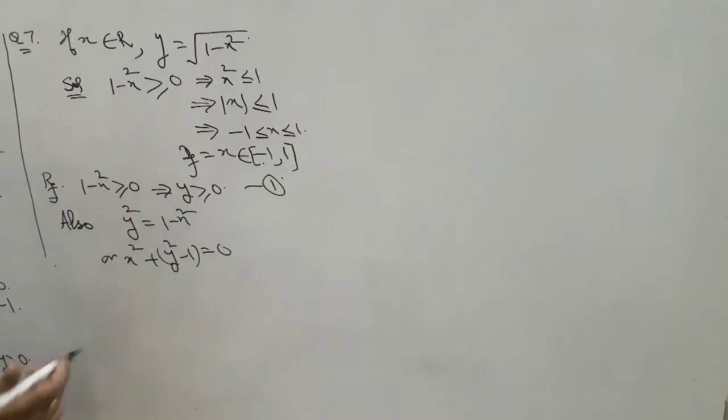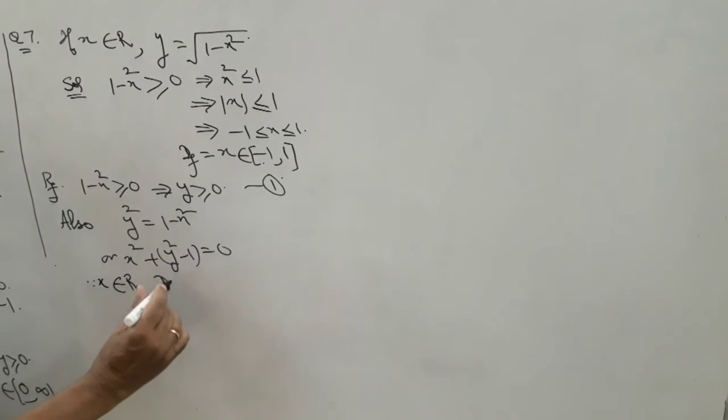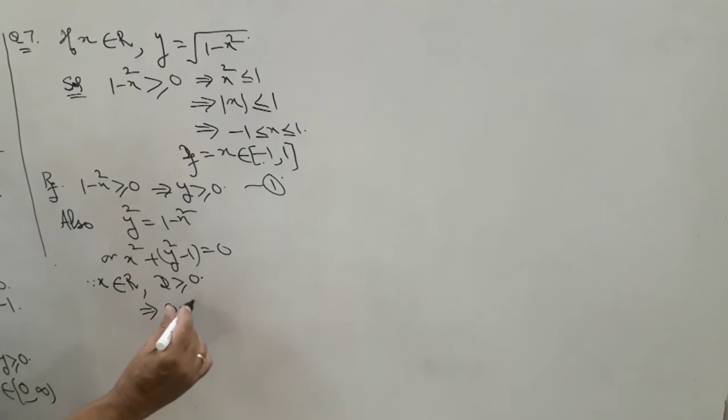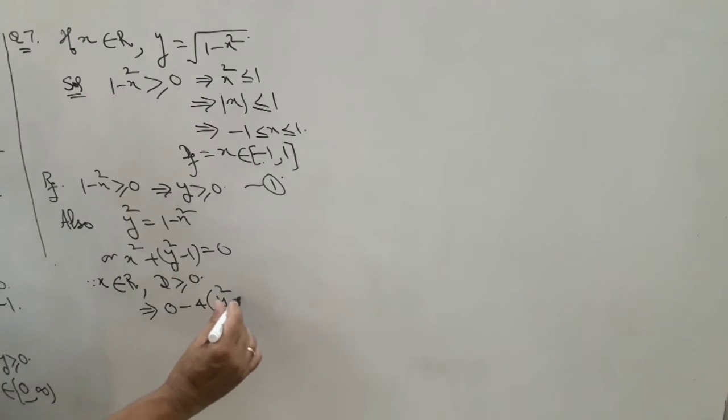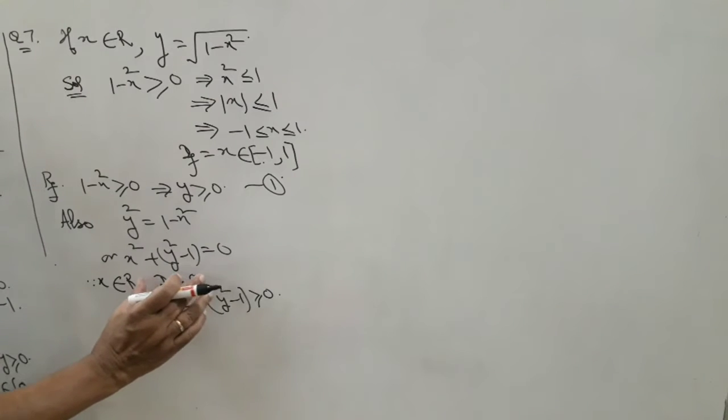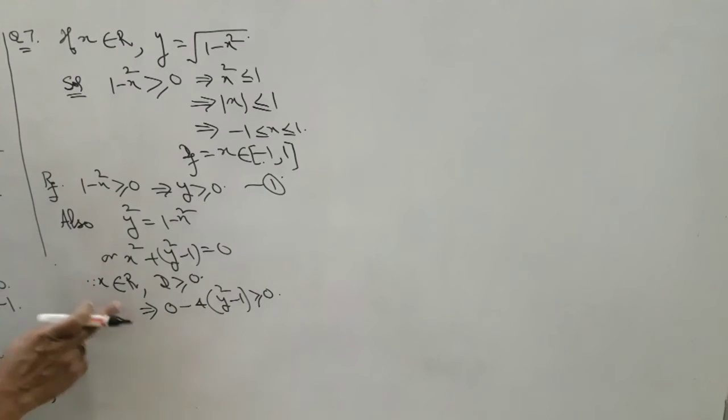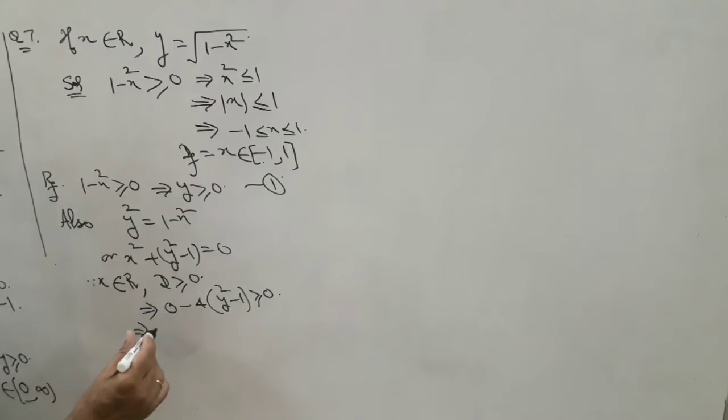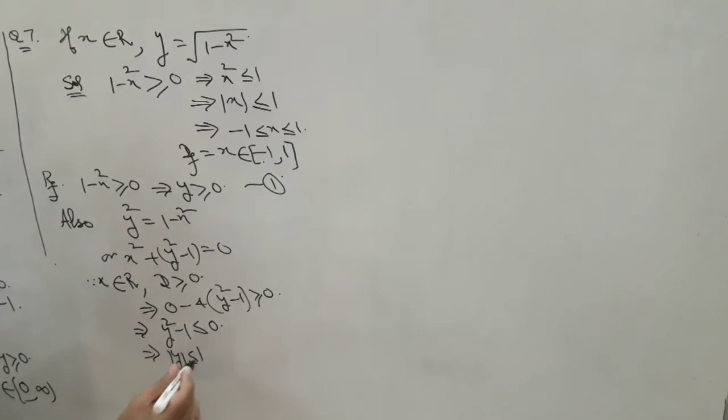Check it out. That is, you arrange it as a quadratic in x. It is y square is equal to 1 minus x square. Because x belongs to R, the discriminant must be greater than or equal to 0. This implies b square, which is 0, minus 4 times y square minus 1 is greater than or equal to 0. That is, b square minus 4ac must be greater than or equal to 0 as x belongs to R. This implies y square minus 1 is less than or equal to 0, which implies modulus of y is less than or equal to 1, which implies minus 1 is less than or equal to y less than or equal to 1.